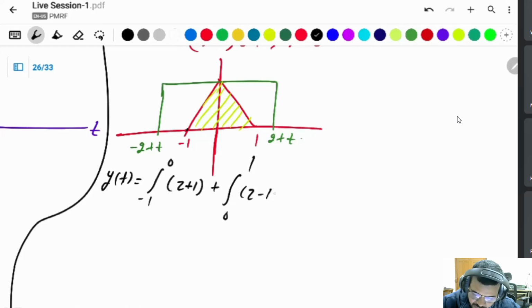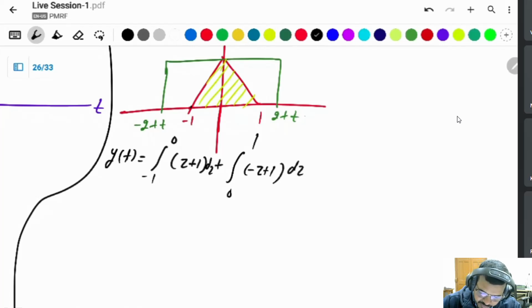Tau minus 1, d tau. Oh, sorry, this is the negative slope, so minus tau plus 1, not positive slope. Positive slope is there, this is the negative slope.